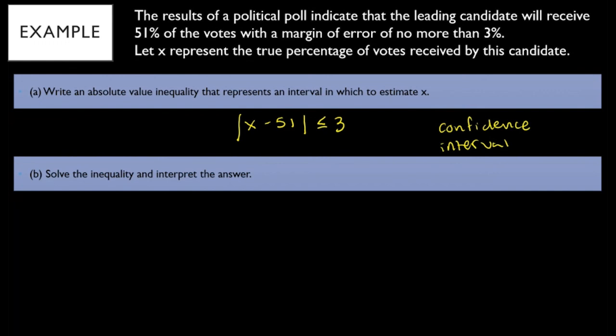So just like the previous problem, we're basically going to set up a compound inequality where one side is 3 and the other side is -3. These are like the easiest kind to solve. And so we're solving for X, so we're going to add 51 to basically the 3 parts of our problem here.